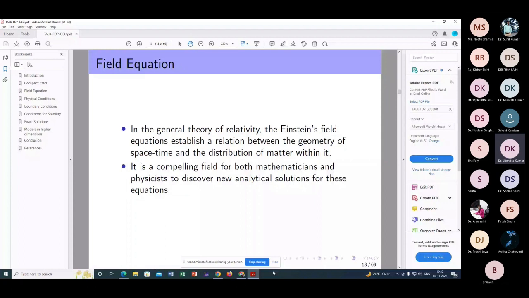Means ultimately, once we have the governing Einstein field equations, we have to obtain the analytical solutions of the Einstein field equations, or we have to obtain the numerical solutions. So in these two approaches, we can find the solution of the Einstein field equations, and then after getting these solutions, we will utilize them to establish the models to represent the compact stars.